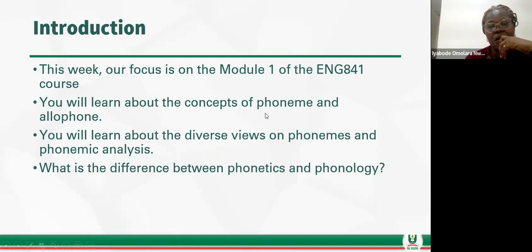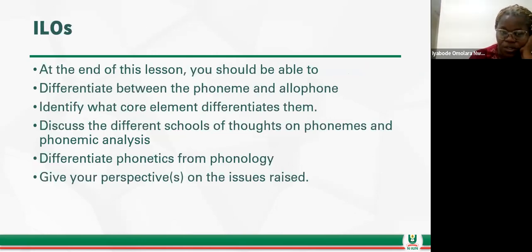We want to look at the concepts of phoneme and allophone, then also at derivatives of phonemes and phonemic analysis, and then the difference between phonetics and phonology. Anyway, I decided to leave out phonology because most of the work is actually about phonology, so I may just stop at phonetics.